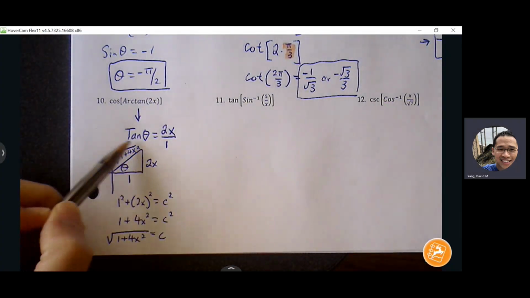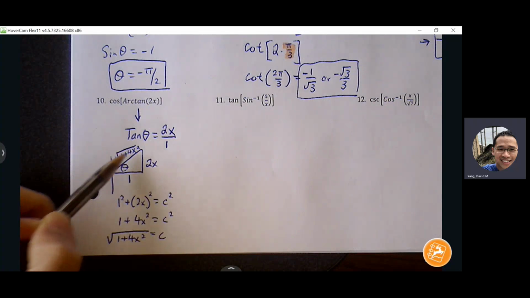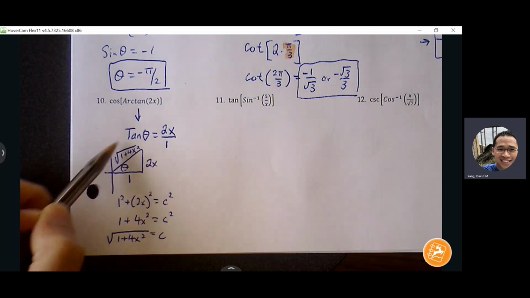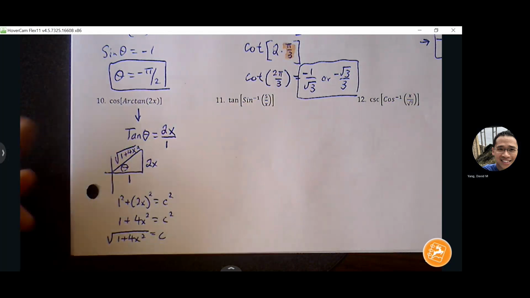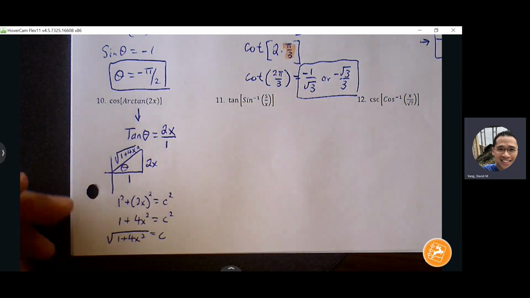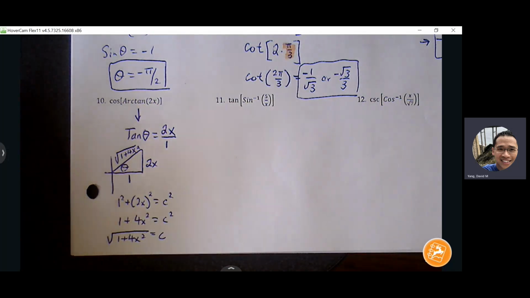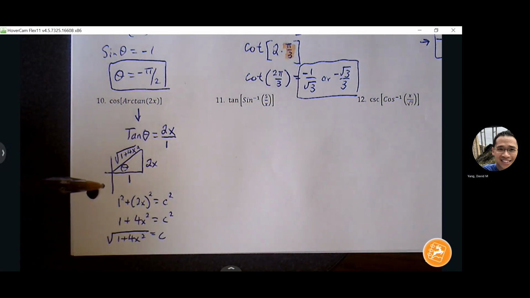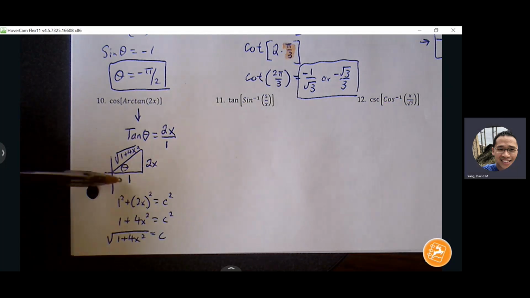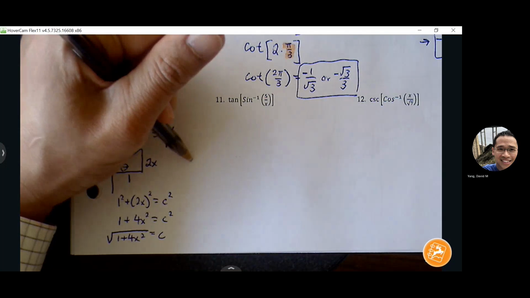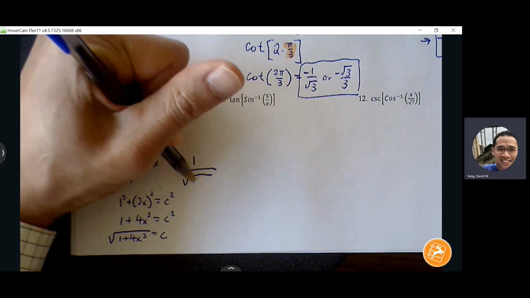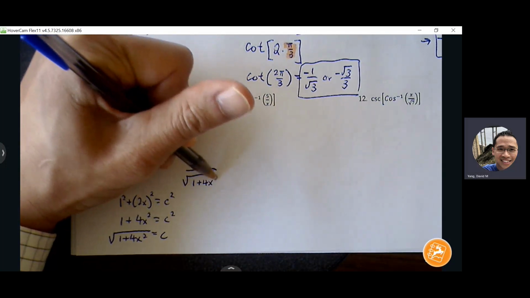We cannot reduce this root of 1 plus 4x squared, even though these are both perfect squares. That plus sign prevents us from doing any cleanup, so we're left with that square root of 1 plus 4x squared. Okay. So what's cosine of theta? Yeah, adjacent over hypotenuse. You don't have to rationalize the denominator if you don't want to. It's fine.